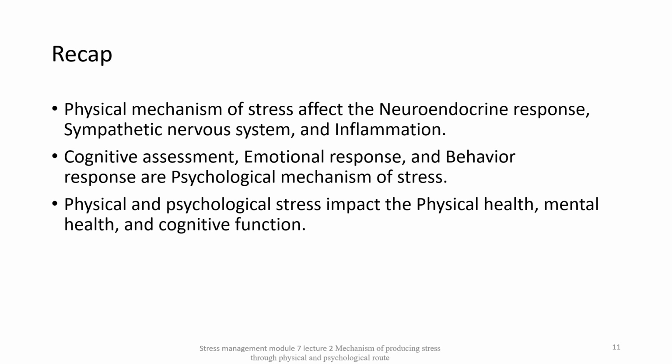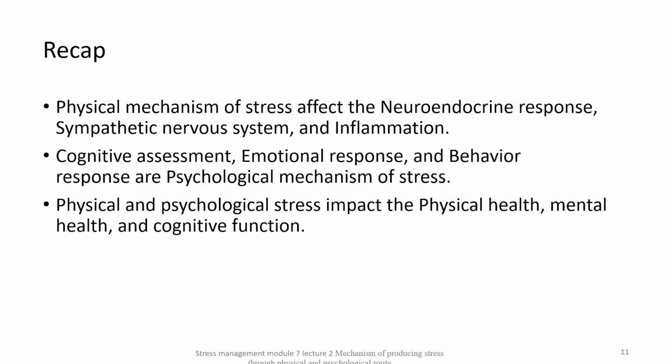That was all regarding the interconnection of the physical and psychological aspects of individuals. Let us have a quick recap of what we have learned till now. Physical mechanisms of stress can affect the main organ systems of the body. They can also suppress the immune system and increase the inflammations if present.